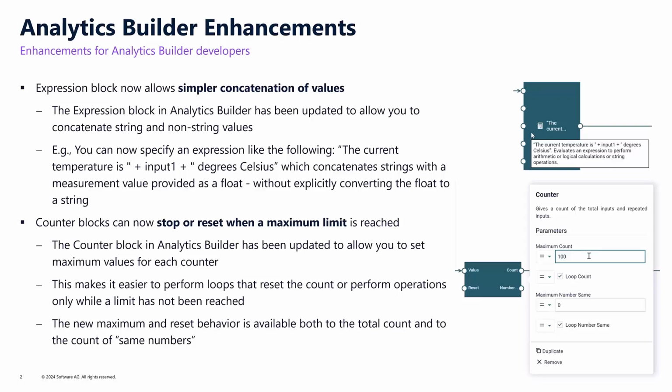So you could wait for 10 measurements to come in, and then you could send an update message and then do the same operation again, counting to 10 using this block.